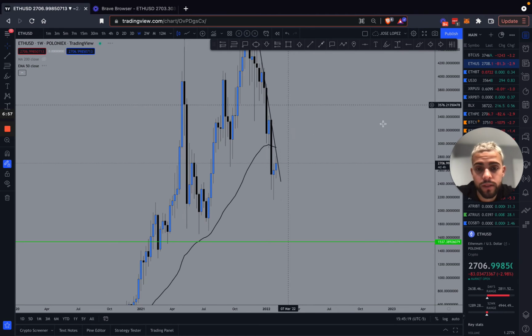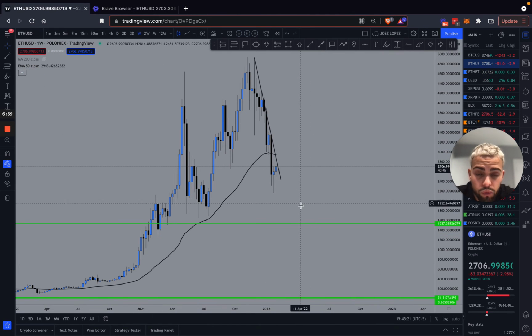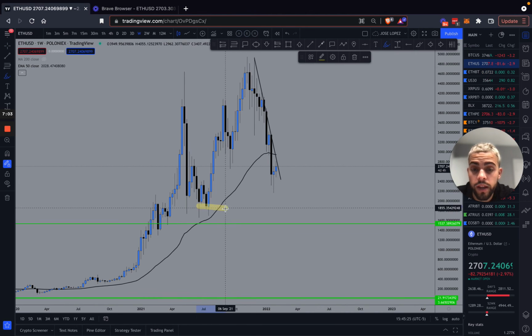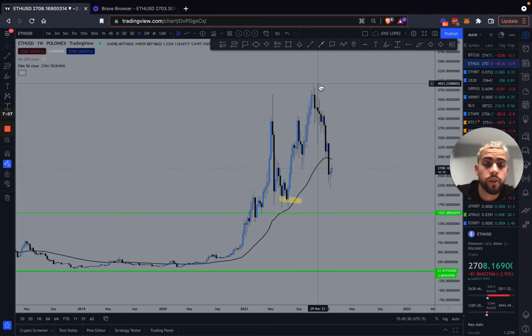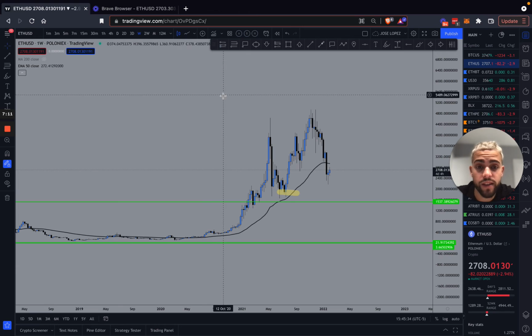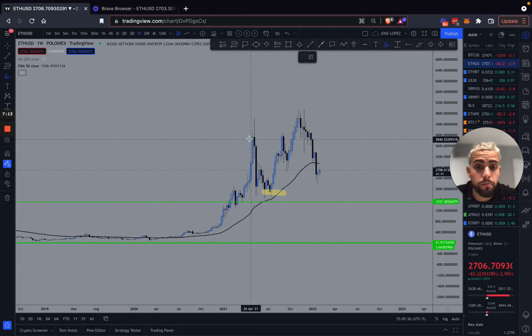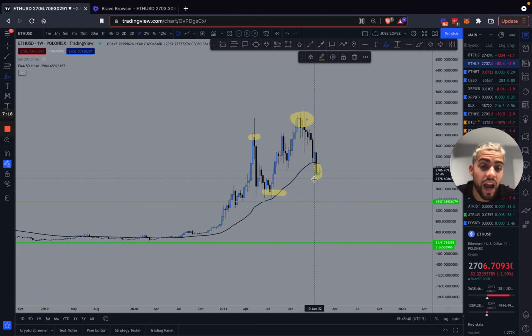Now once that happens, we will be really testing these previous lows right here, and in order for us to keep the bull cycle or the bullish structure in higher time frames, going back to the basics, after this higher high, we should put a higher low or equal low to this level.